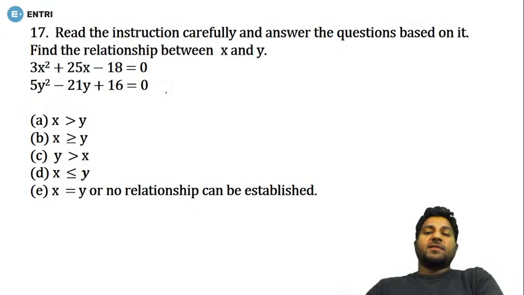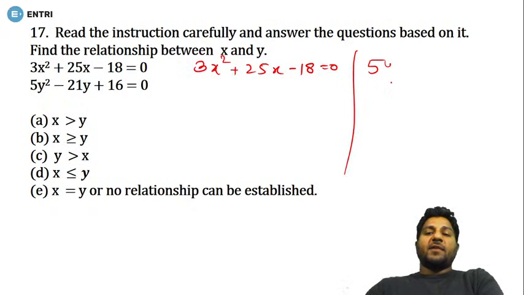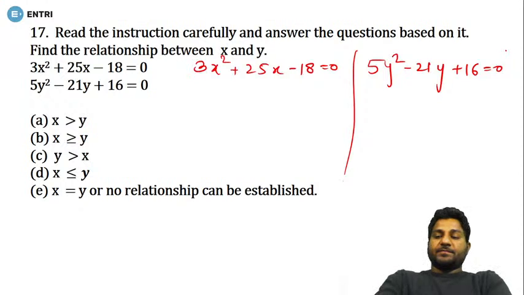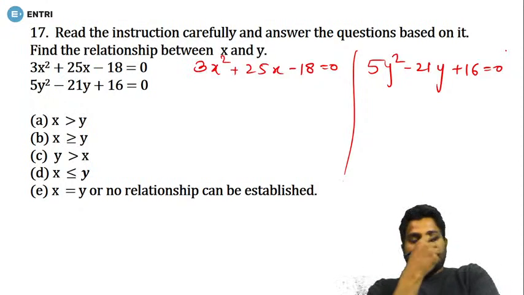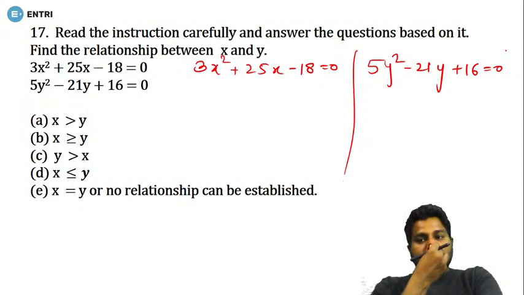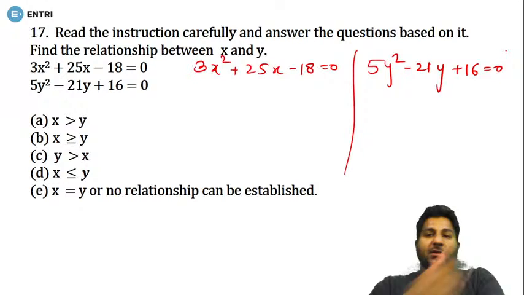Come on, solve this question. 3x square plus 25x minus 18 is equal to 0. 5y square minus 21y plus 16 is equal to 0. Solve this.